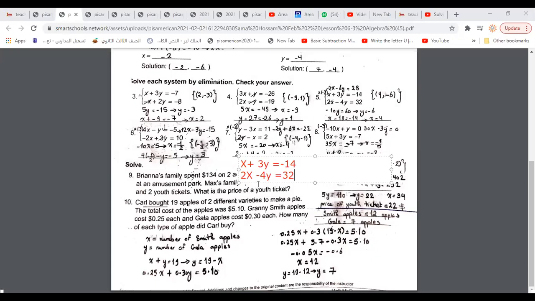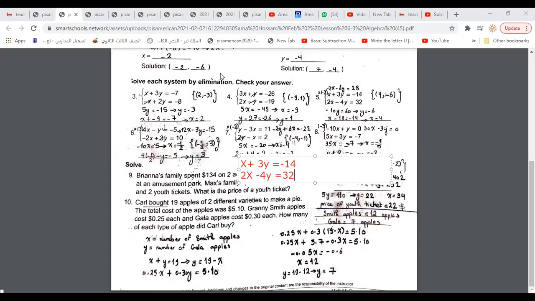If the same, we can subtract, or the number and its additive inverse, so we can add. But here they are different. Then you have to think about a way which will make the two equations the same. We have different ways to solve this question.